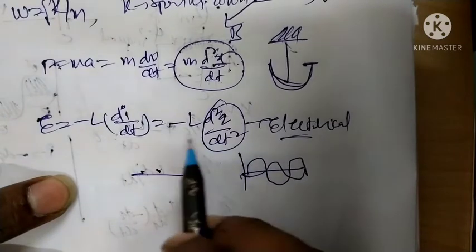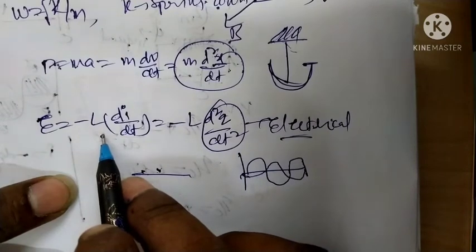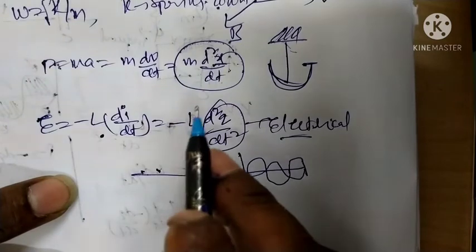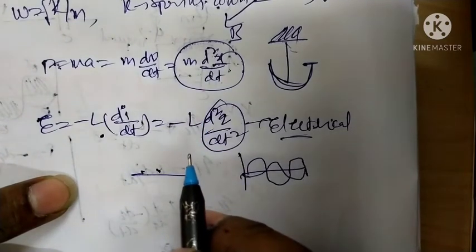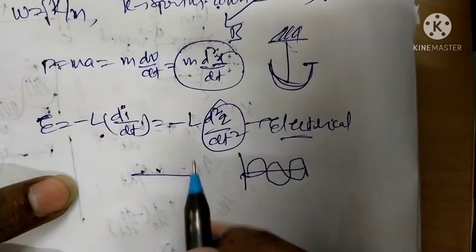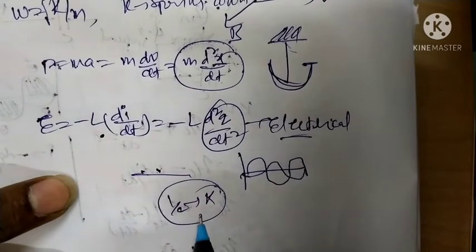Here L is compared to the inductor, and C is compared to K, the spring constant: 1/C is analogous to the K value.